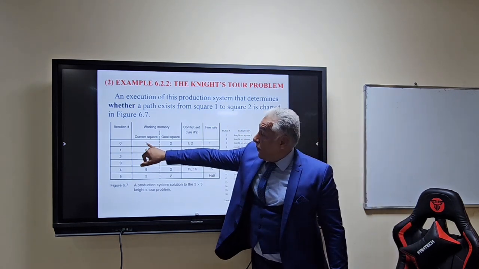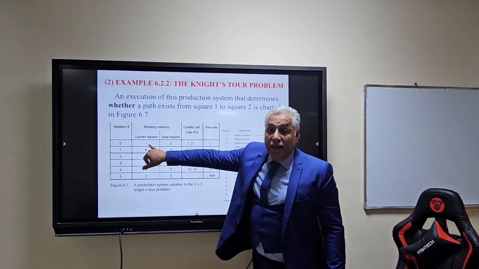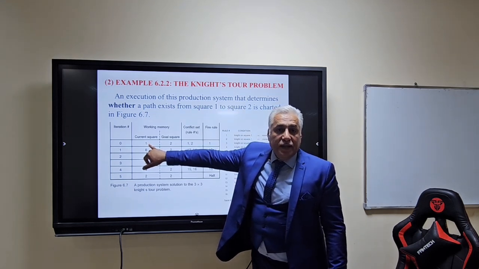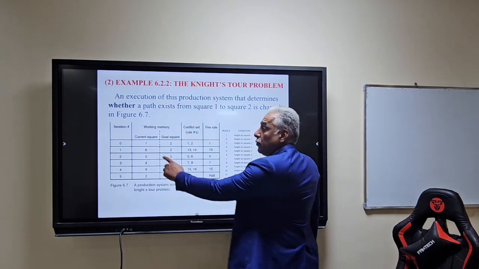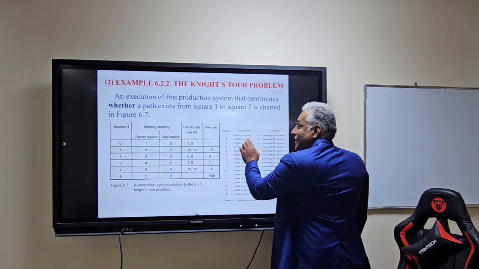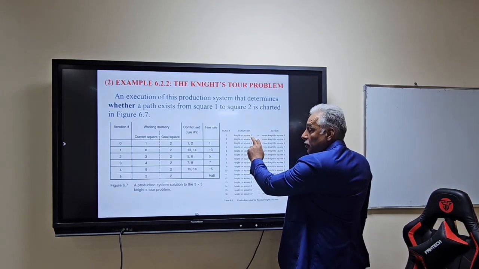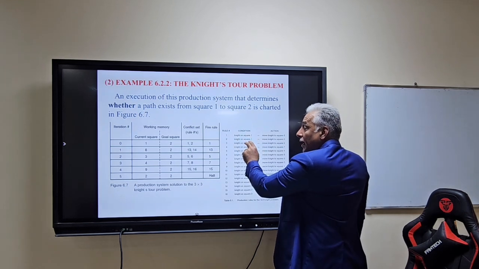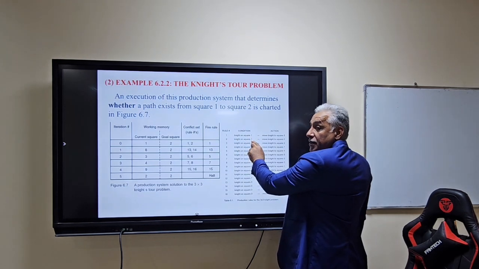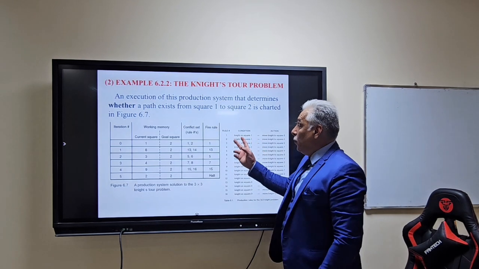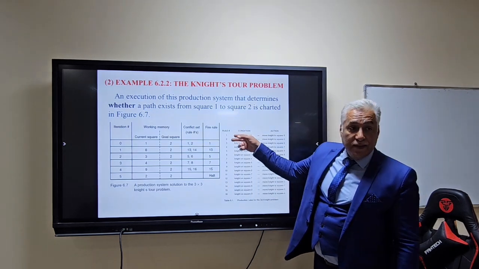I will focus on the starting point only. Starting point 1: which rules start with 1? Rule 1, square 1, and rule 2 also square 1. Thus, I will use two rules.